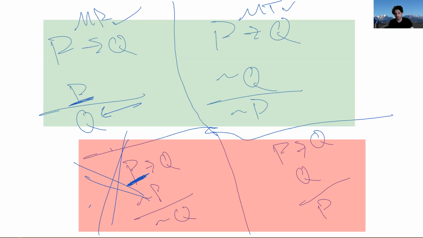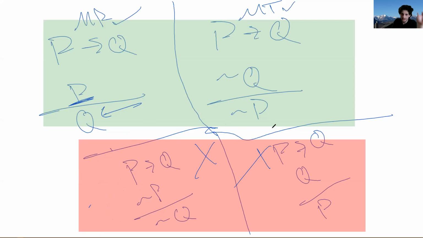There are other ways you can do it. So this comes down to understanding the conditional and the direction of the conditional, understanding how to do Modus Ponens and Modus Tollens, and really just knowing that you can't do it like this: the reds at the bottom are bad and the greens at the top are good.